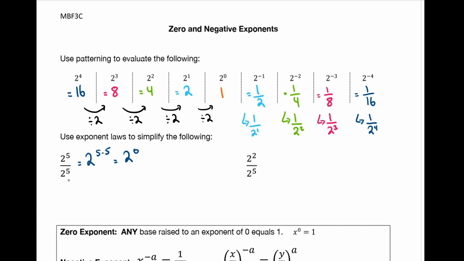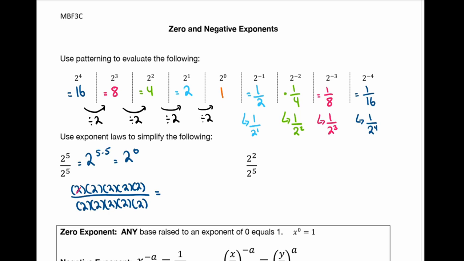If I wanted to expand this, or show this in expanded form, 2 to the power of 5 is just 2 times itself 5 times. And then that's all divided by 2 to the power of 5, or 2 times itself 5 times. So from here, we can figure out what this equals.